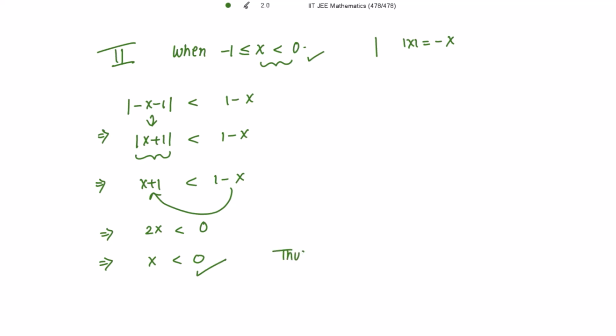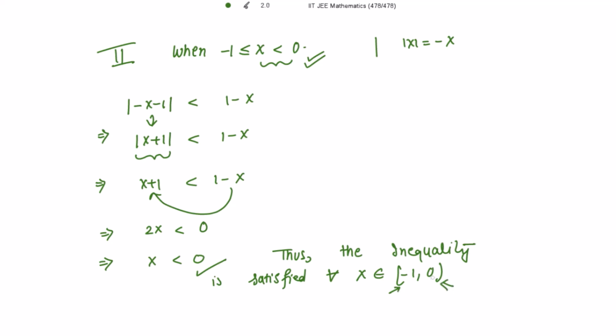So the inequality is satisfied for all x belonging to this interval, that is -1 to 0. Here we should take the closed interval on the left and the open interval on the right, because 0 is not included and -1 is included. So closed interval from the left hand side.